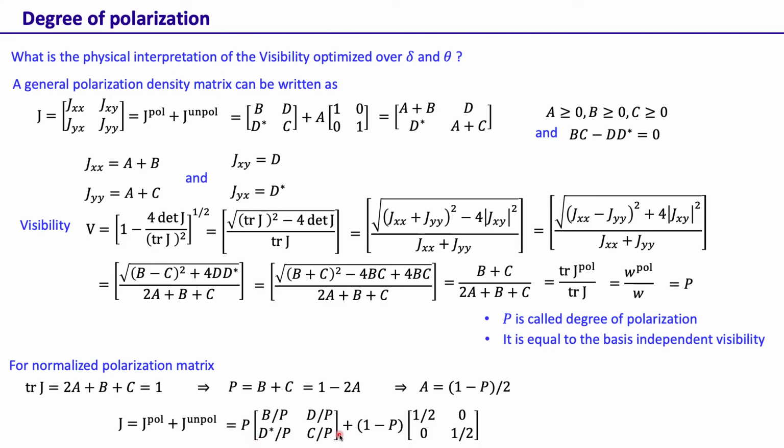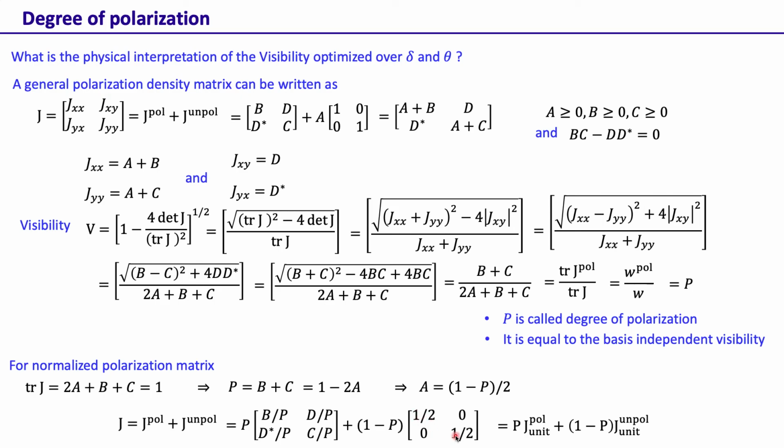So this j polarized plus j unpolarized we can then write with b, d star, c divided by p, as we are dividing by p every time and multiplying p over here, plus, for a, we are writing 1 minus p by 2, so half half. So this we write as p times j polarized with a unit trace plus 1 minus p times j unpolarized with a unit trace.